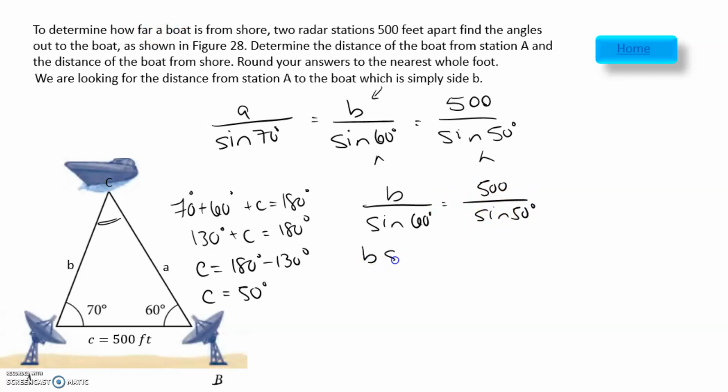Cross multiply. So B times sine of 50 is equal to 500 times sine of 60. Divide both sides by sine of 50.